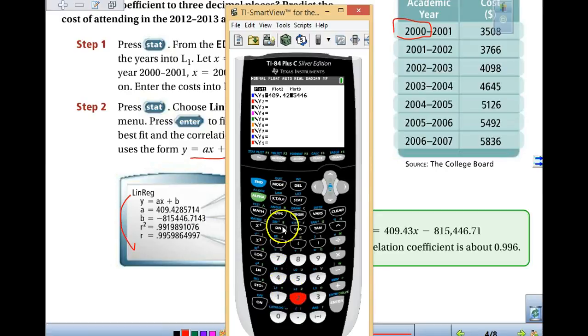Then we're going to put x. So, 409.42x, and then it was minus 815,446.7.